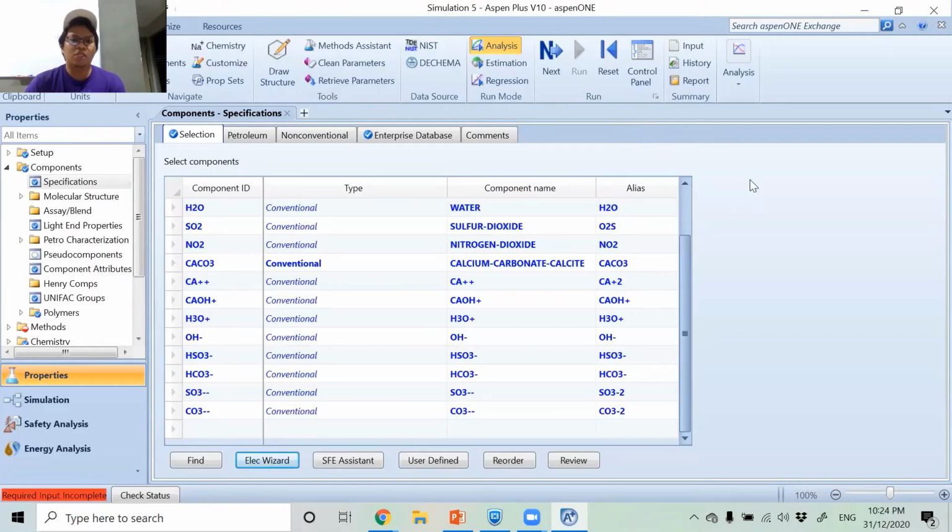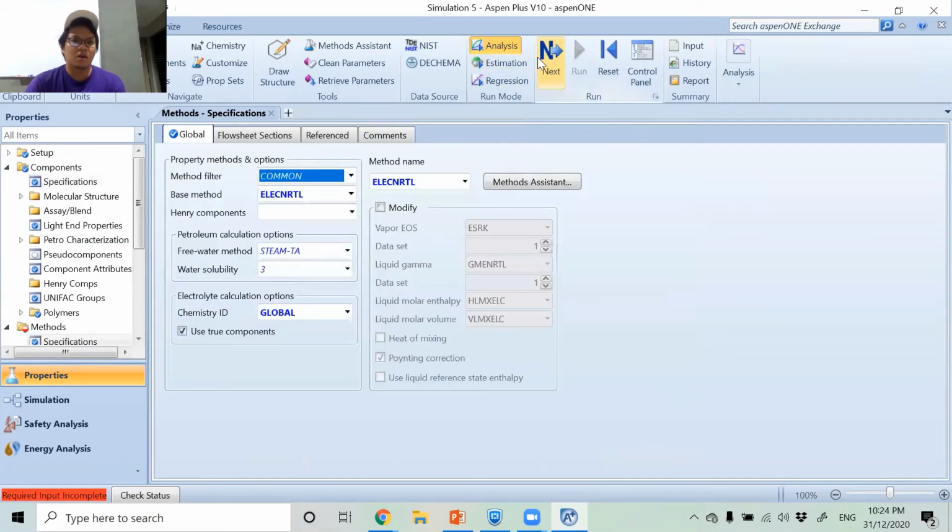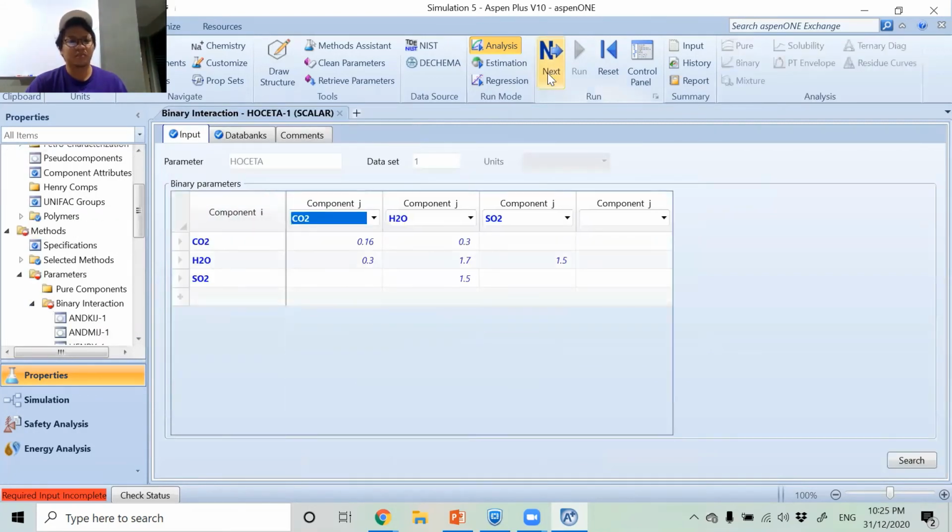Okay, let's continue our simulation. I'm just going to hit next. The property method has already been chosen. When you click ELECNRTL, basically the base method or thermodynamic property method will be ELECNRTL, and then you hit next.